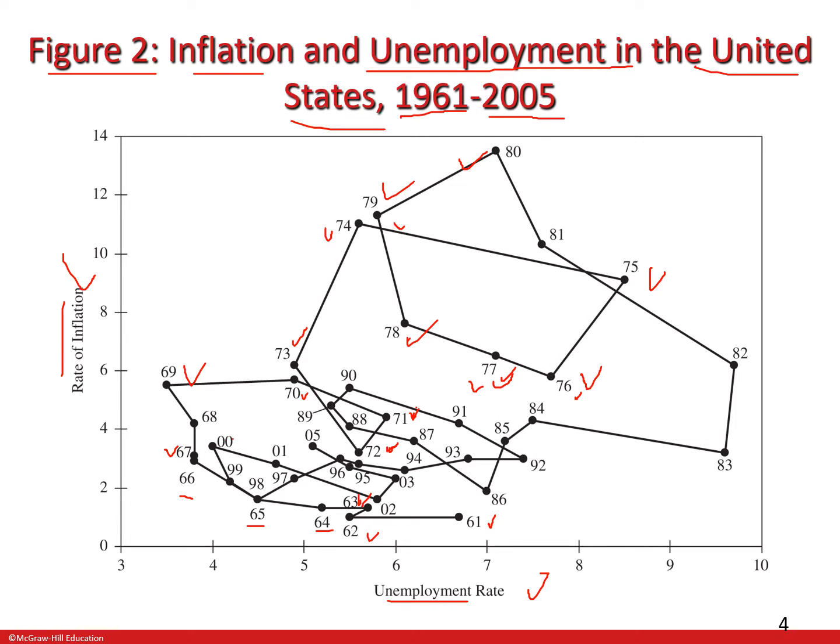We can also trace out the same thing from 1980 to 83, so 80, 81, 82, and 83. We can also justify a little bit the Phillips curve there, and also from 2000 to 2002.